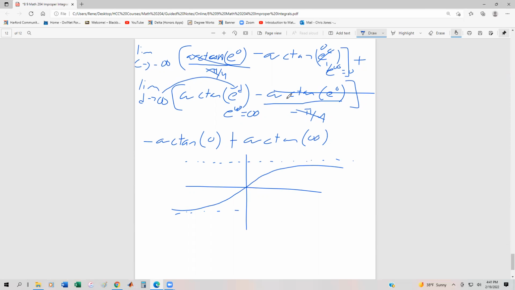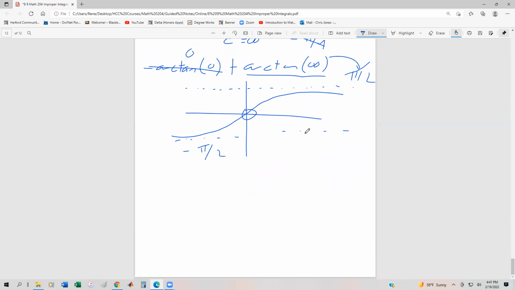It's horizontally asymptotic at negative pi halves and pi halves. And so arctan as it approaches infinity is going to be pi halves. Arctan of 0 crosses directly at the origin, which is 0. So ultimately, this really just becomes pi halves.